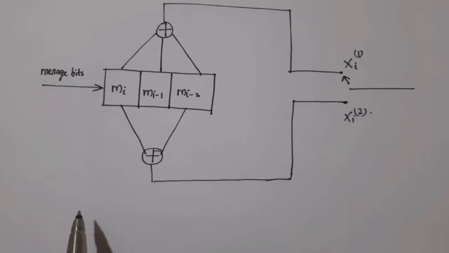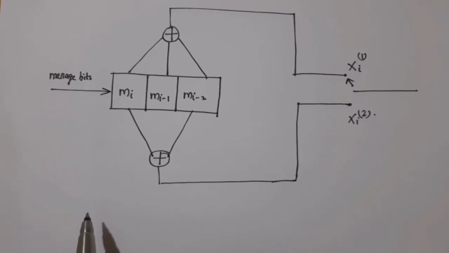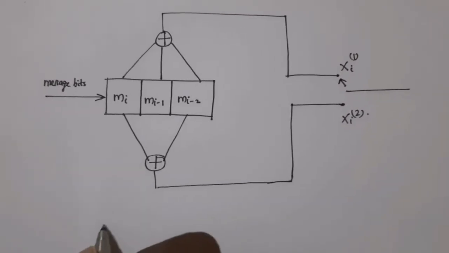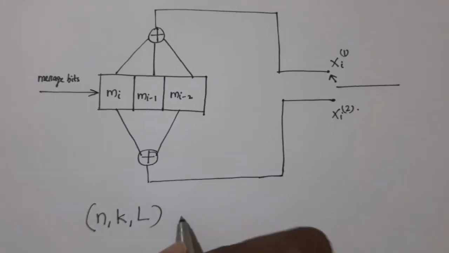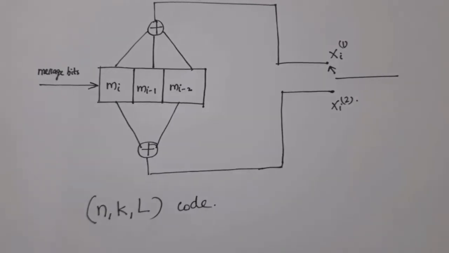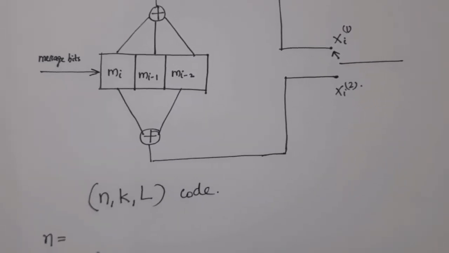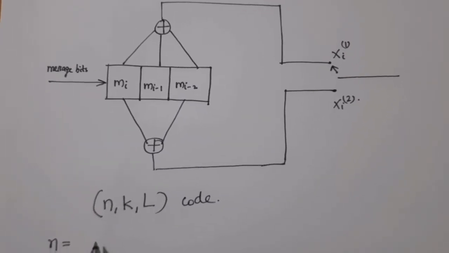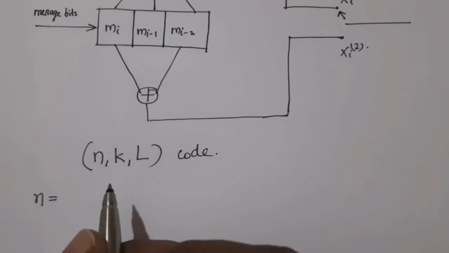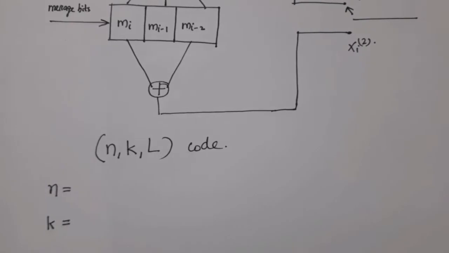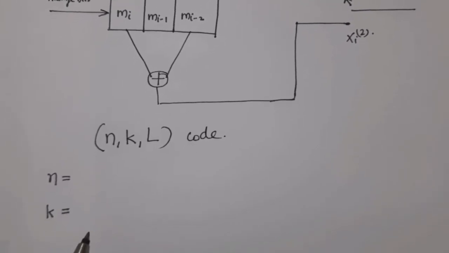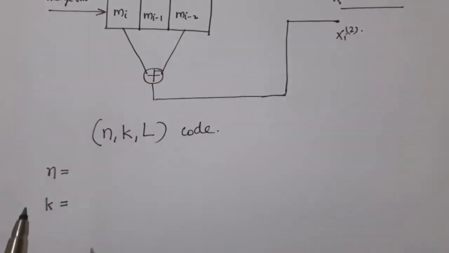The code produced by a practical convolutional encoder is generally referred to as an (N, K, L) code, where N is the number of encoded output bits produced for one message bit. K is the number of message bits entering the encoder at a time.